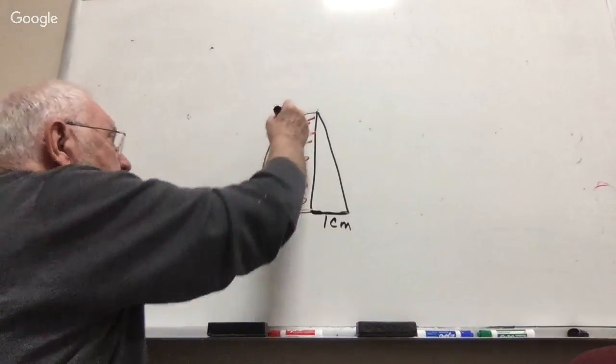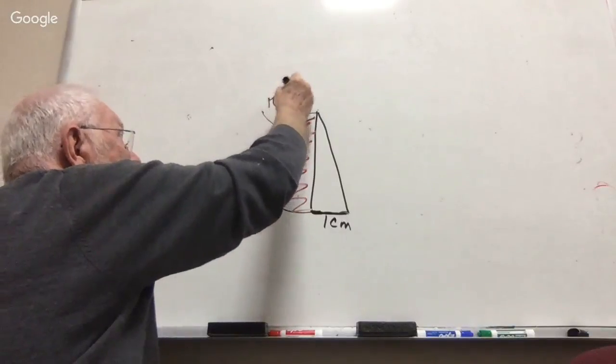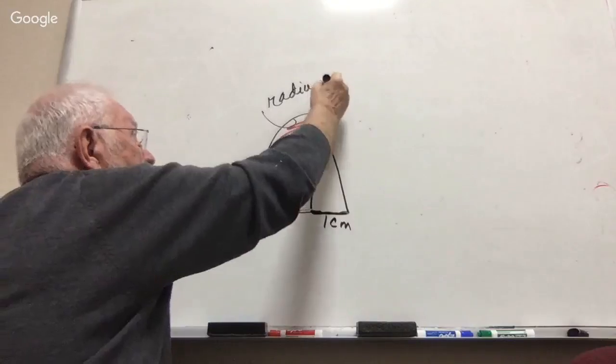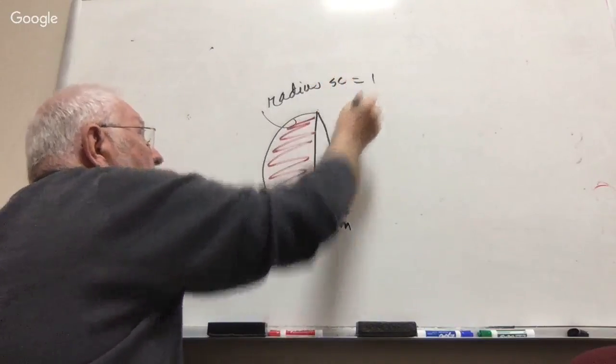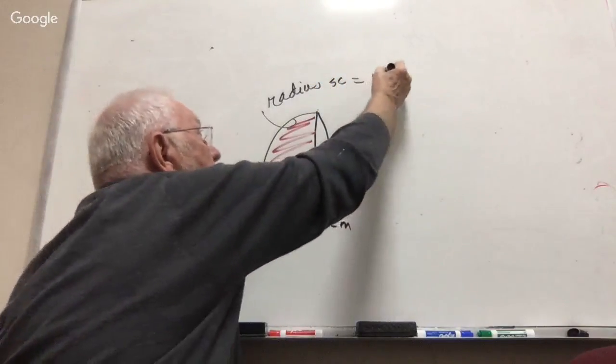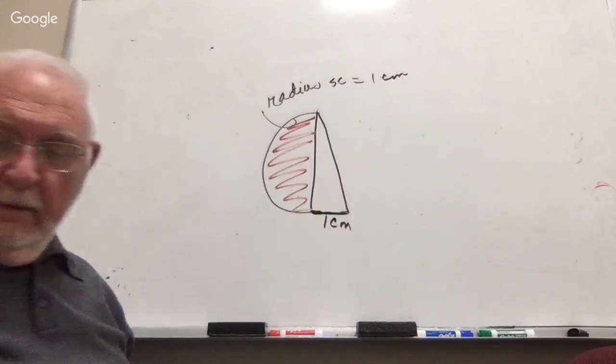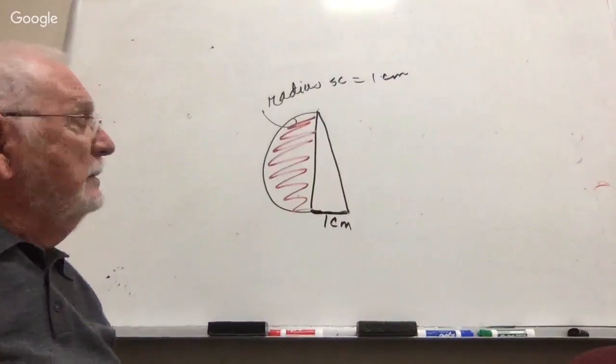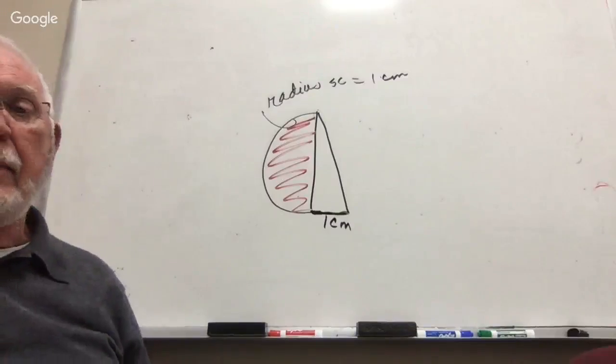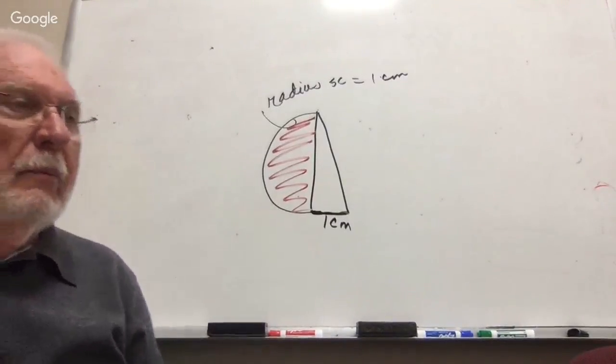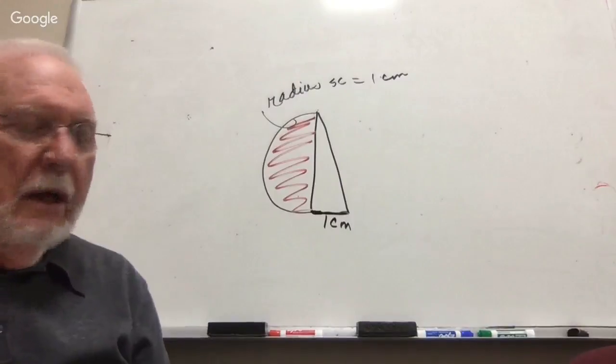The radius of this semicircle is 1 centimeter. I guess it's not drawn to scale. You can't solve a geometry problem by saying, okay, it looks like.